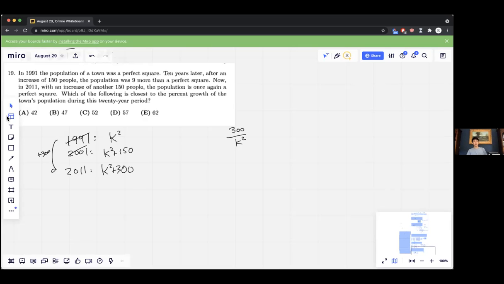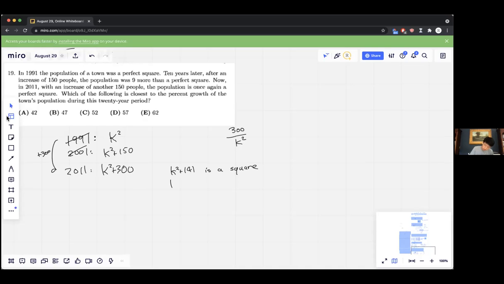So firstly, we have that after an increase of 150 people, the population was 9 more than a perfect square. That means that k squared plus 141 is a square. And we also have that in 2011, the population was a square.